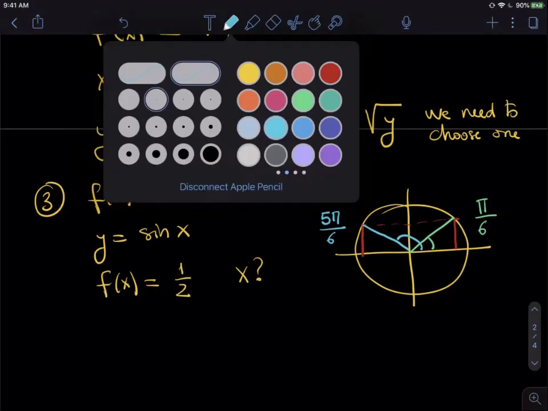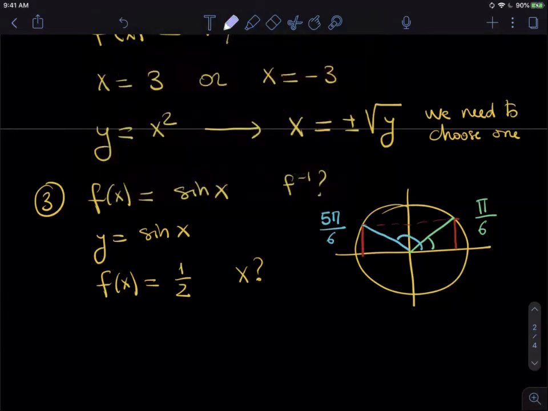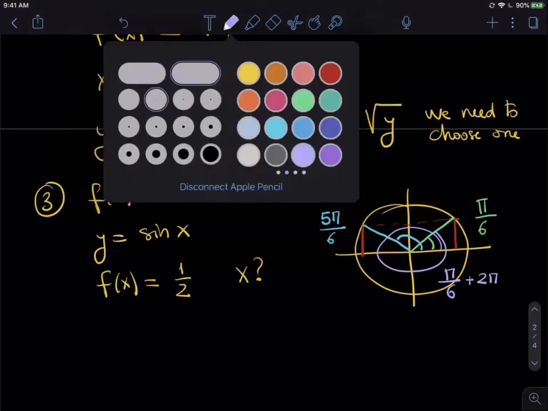Okay, but you could be in the mood for argument, and you could say, well, why did you stop there? You might as well just go around one full turn, and you would still get the same sine. You will get pi over 6 plus 2 pi. And you can keep going. You can turn and turn.